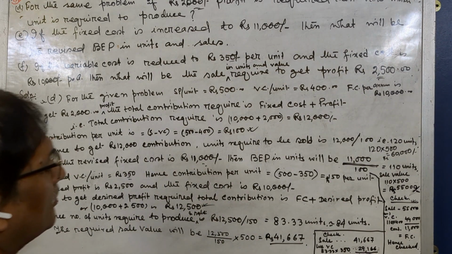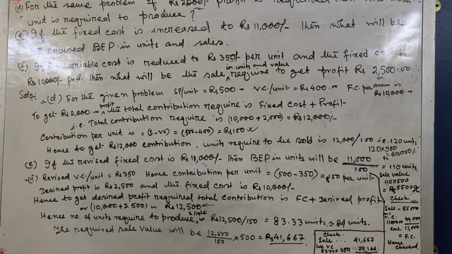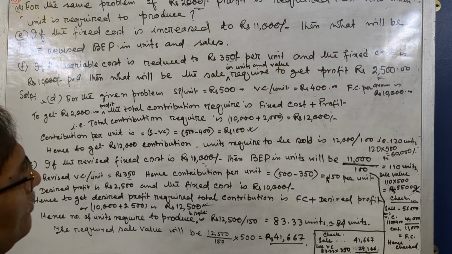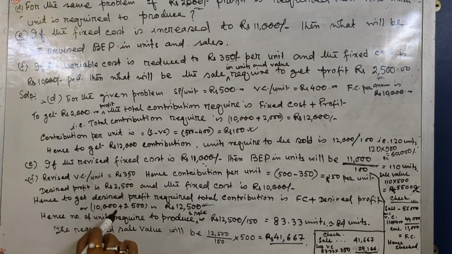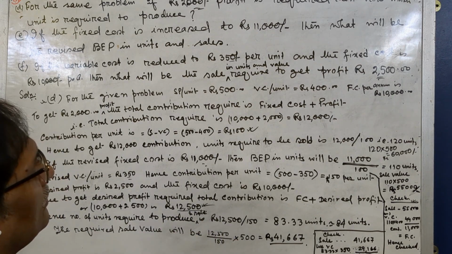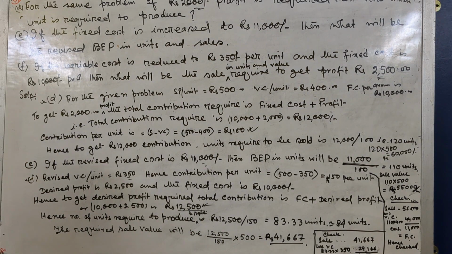If your product after selling gets 12,500 rupees of contribution in your contribution basket, then you will pay the fixed cost of rupees 10,000 and the residual after paying the fixed cost, 2,500, will be the profit. That means you need to earn 12,500 contribution to get rupees 2,500 profit.